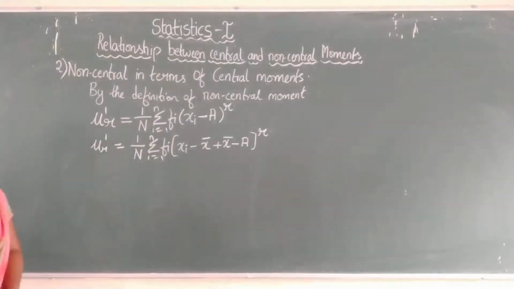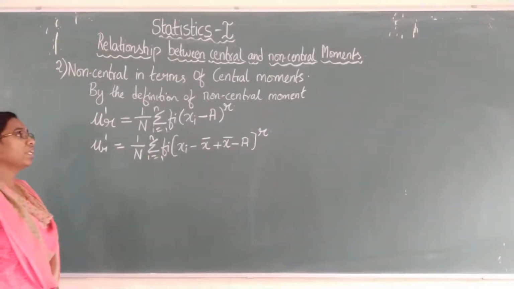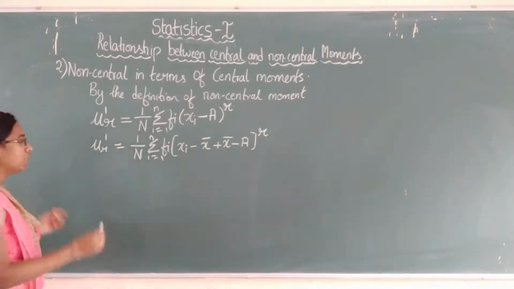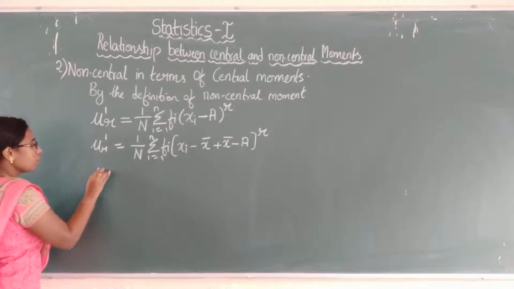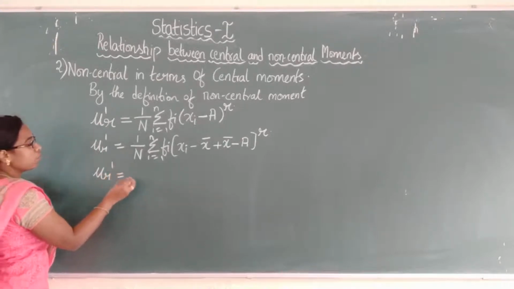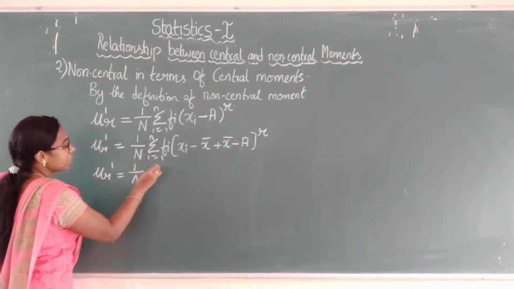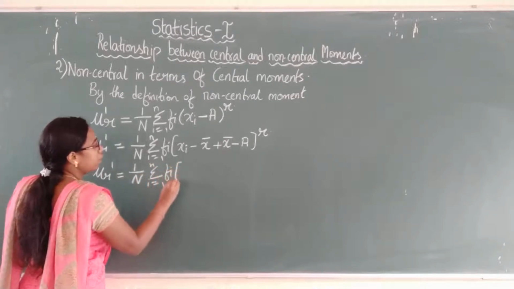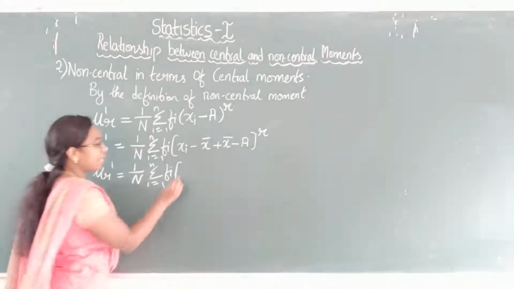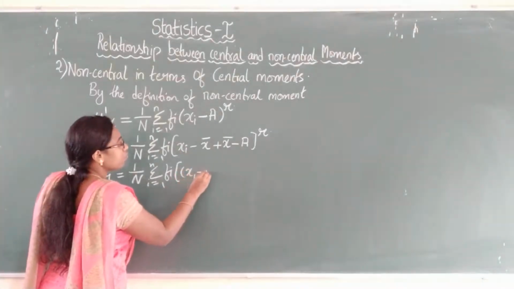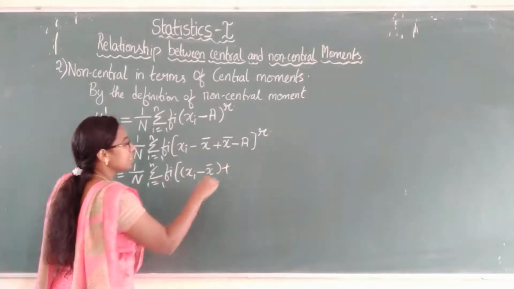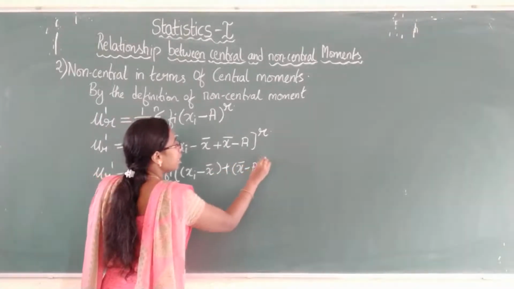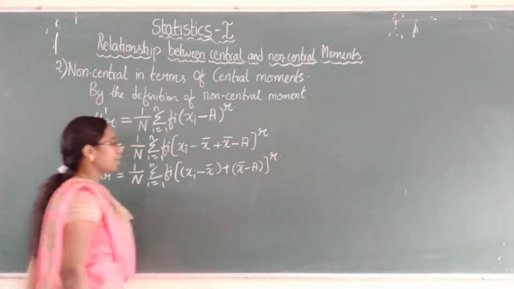Here also I am going to write this complete term as two terms, so that mu r dash is equal to 1 by n summation i equals 1 to n f i into the first term x i minus x bar, plus the second term x bar minus a, whole power r.